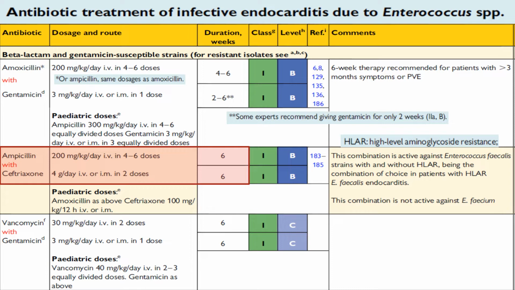But if this test reveals resistant, you cannot use gentamicin. It is another scenario where you can use this combination instead of gentamicin. But anyway, if the patient has an allergic reaction to beta-lactam, anaphylaxis, or other serious reaction, in this case you should use vancomycin.